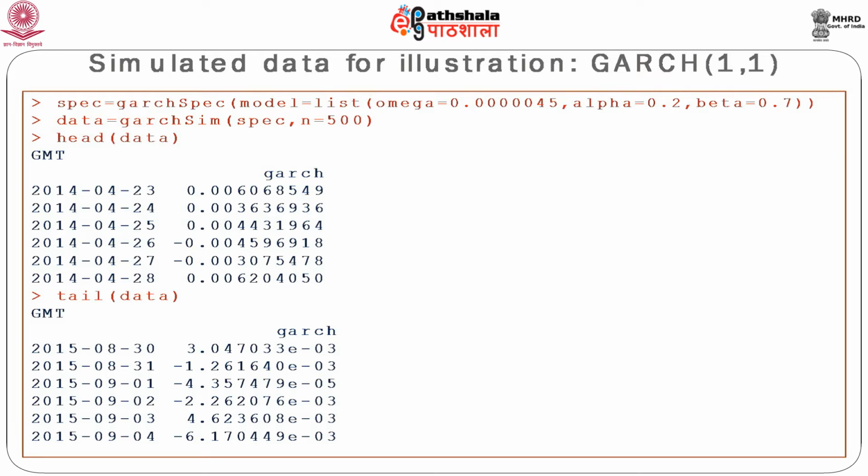If you want to display the data header and tail, you just write head(data), and the tail is displayed by the tail function. That will give you an idea about the data that you have generated by the garchSim function.